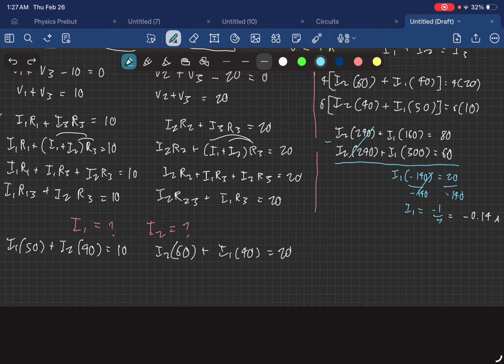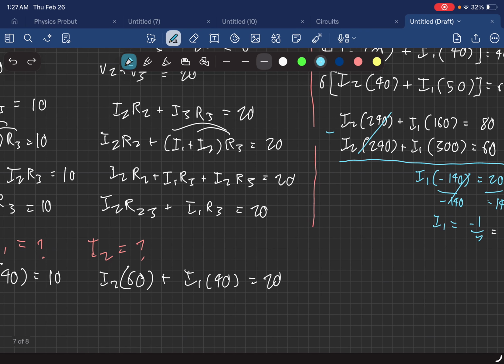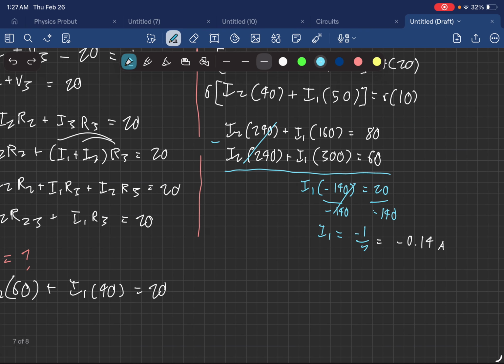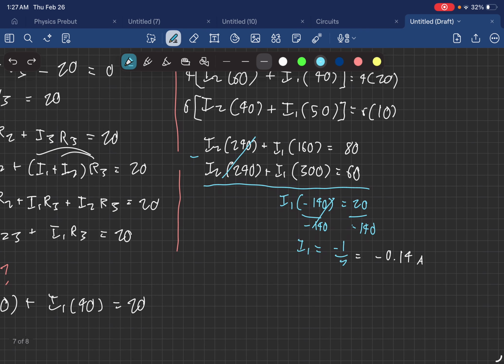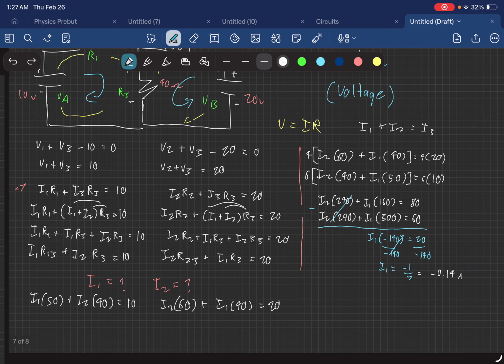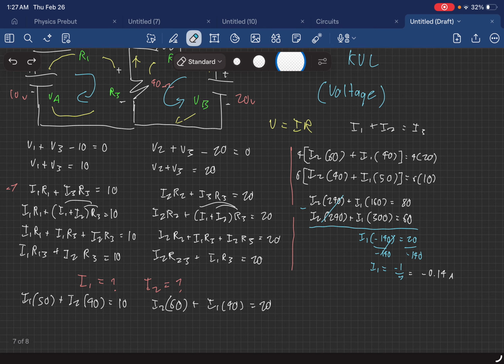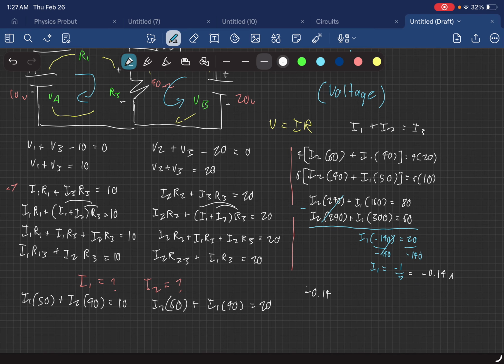I'm sorry, it's 1:30 a.m. Okay, let me just expand it. I1 is negative 0.14 times 50 plus I2 times 40 equals 10.